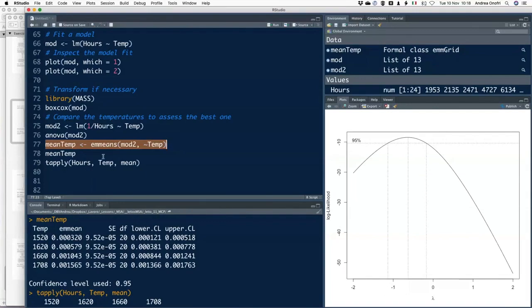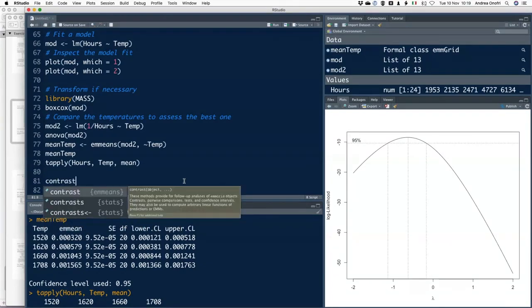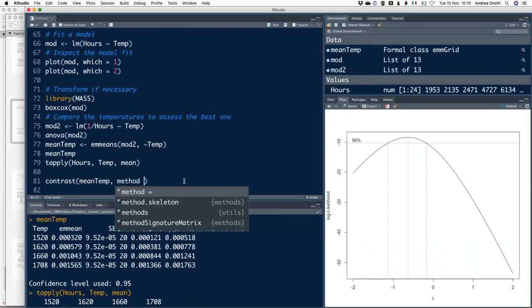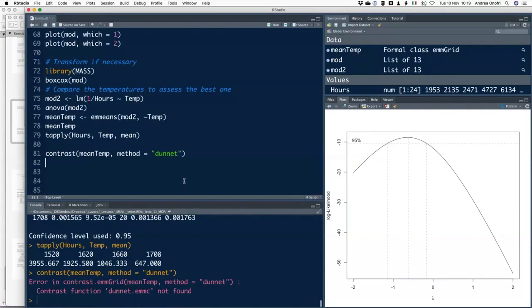We take the means, mean temp, method equal dunnett, and we make an adjustment for multiplicity.